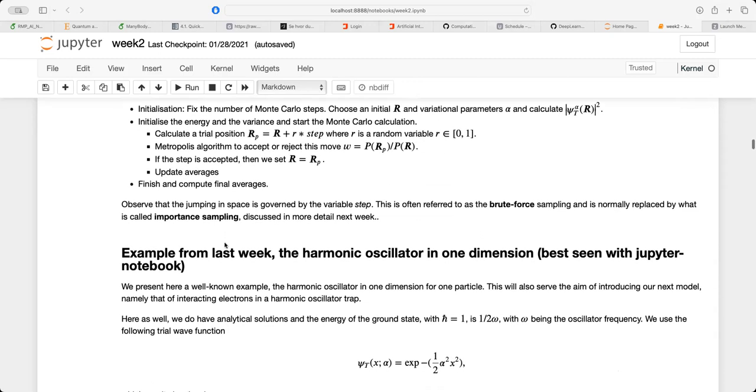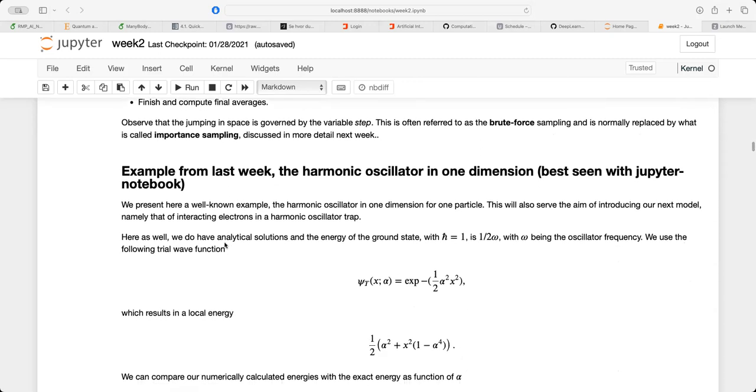And here, last week, we had an example of a harmonic oscillator in 1 dimension, and then the trial wave function for the ground state. And since we are going to look at bosons, we can actually place all the particles in the lowest lying single particle state. And this is 1 particle in the lowest lying harmonic oscillator state.